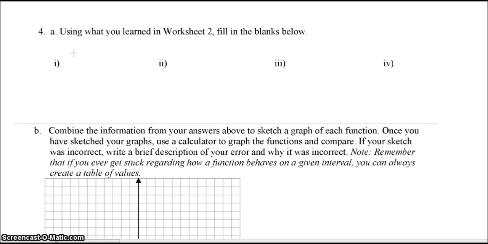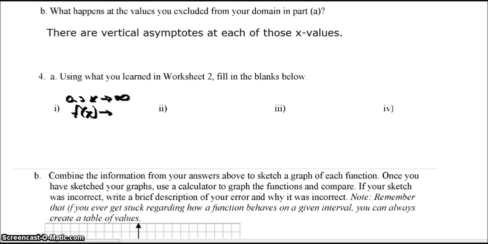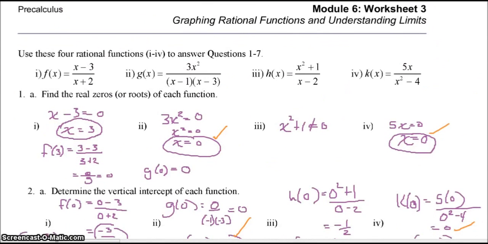So as x goes to infinity, what happens to f of x? Let's look at our function. Notice that the numerator is a linear function and the denominator is a linear function also.